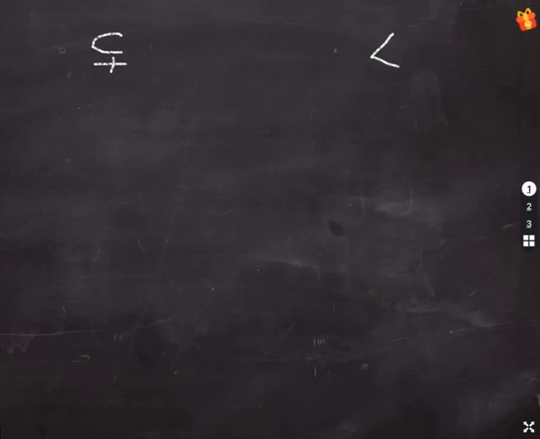Now, this is not true for sets. It is in general not true that one of them is going to be a subset of the other. For instance, consider A to be the set of 2 times n, such that n lies in the natural numbers. So this is the set of even natural numbers.